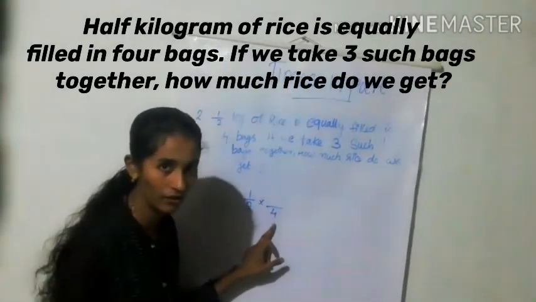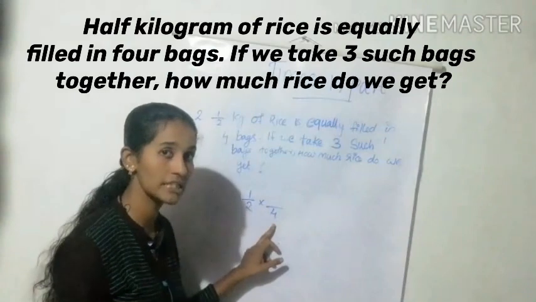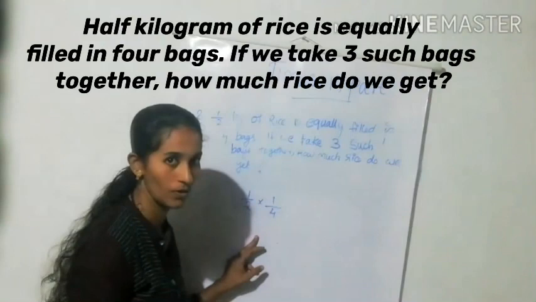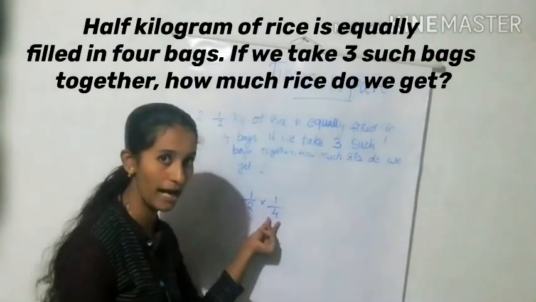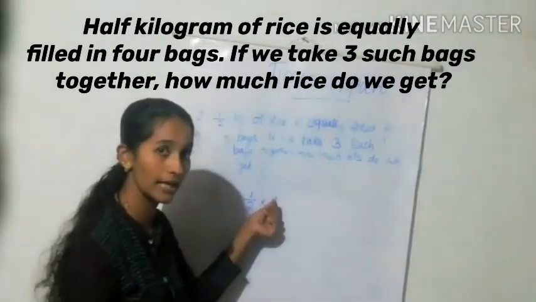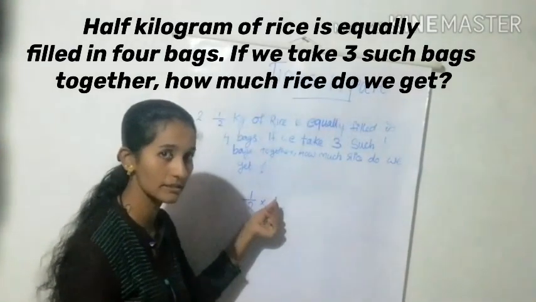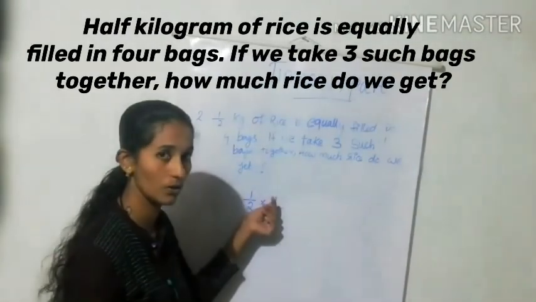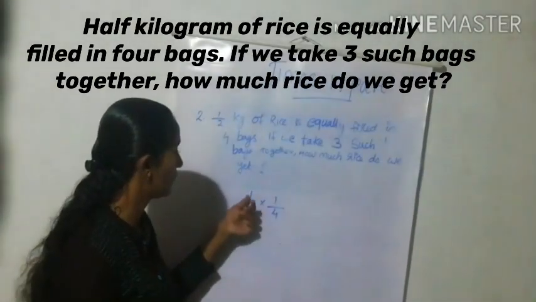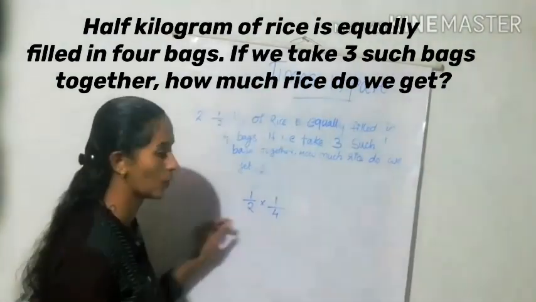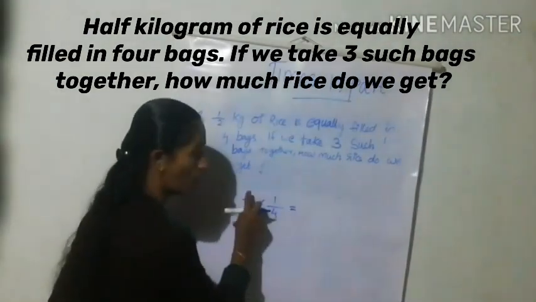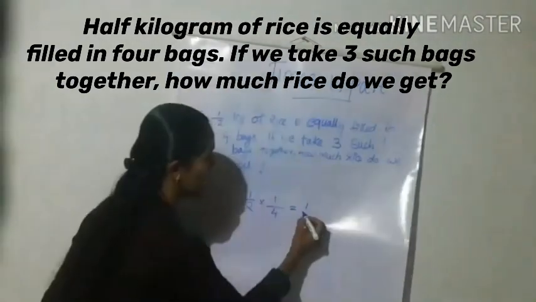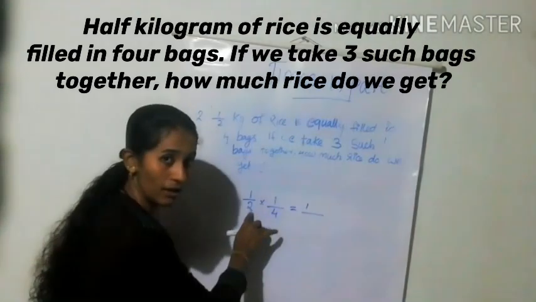From here we want to find out the quantity in 1 bag, so it will become 1 by 4. Here 4 is the total number of bags and 1 is the number of bags we want. So 1 by 2 into 1 by 4 is equal to 1 into 1, 1, divided by 2 4s are 8.